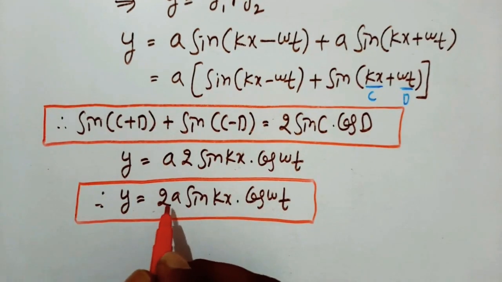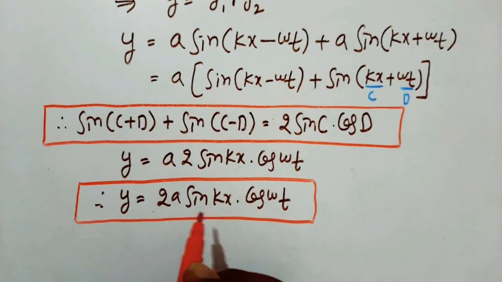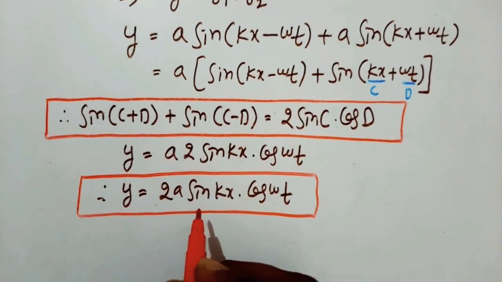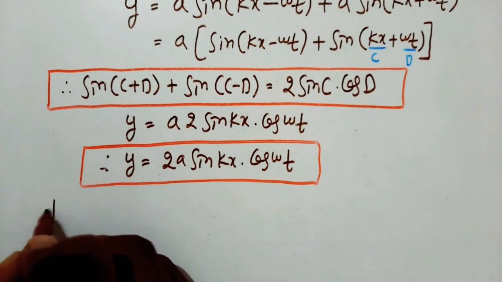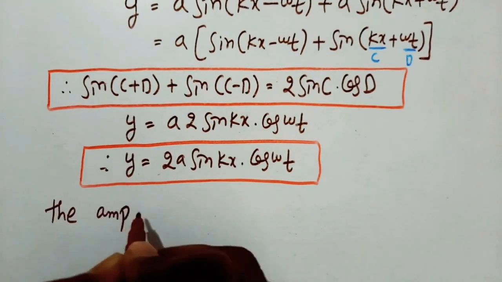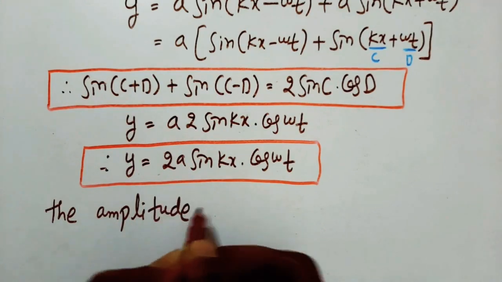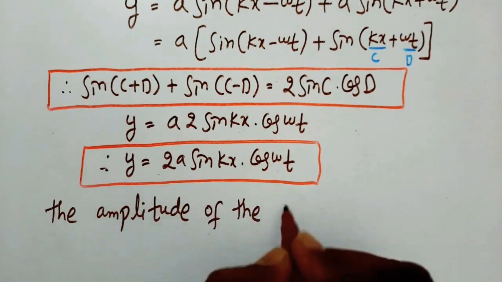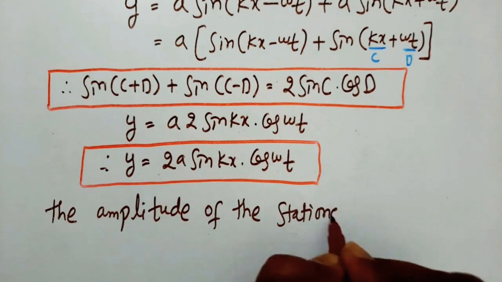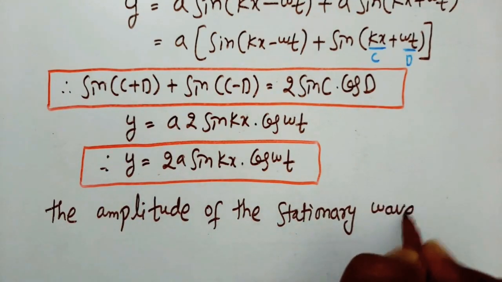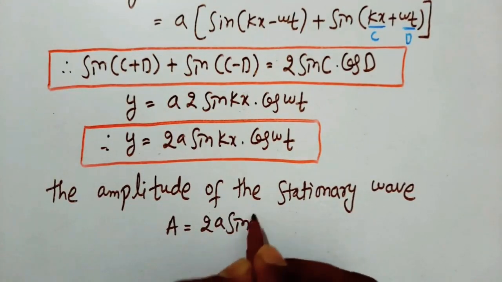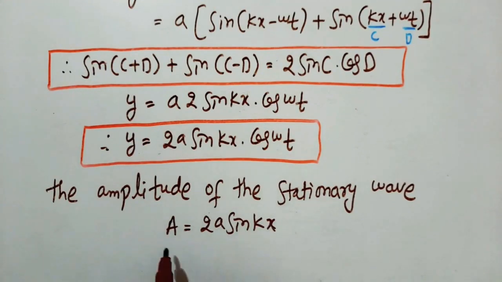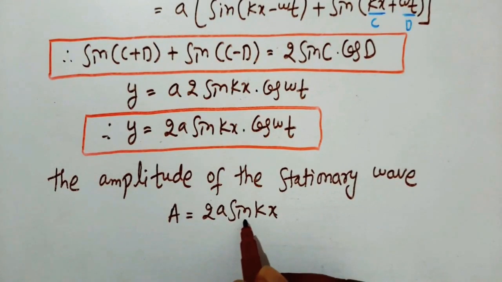So here 2a sin kx is known as the amplitude of the stationary wave. So that is, the amplitude of the stationary wave is A is equal to 2a sin kx. Here amplitude is not a constant because it is a function of sine.